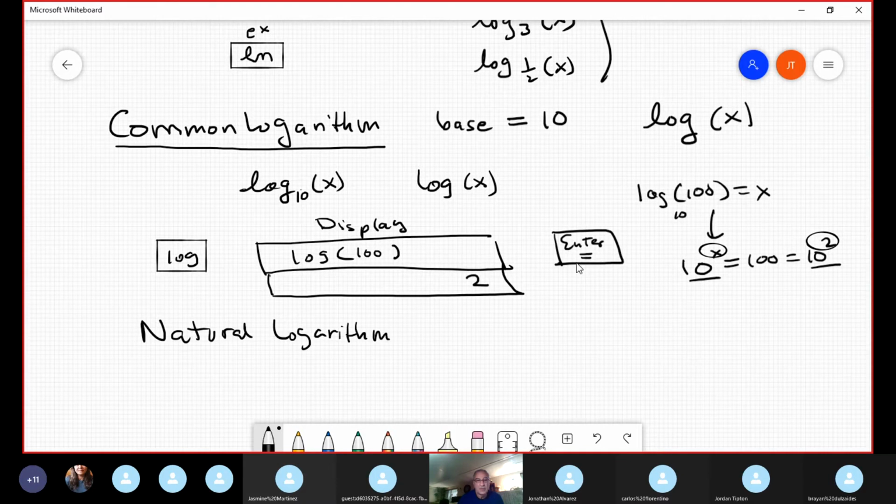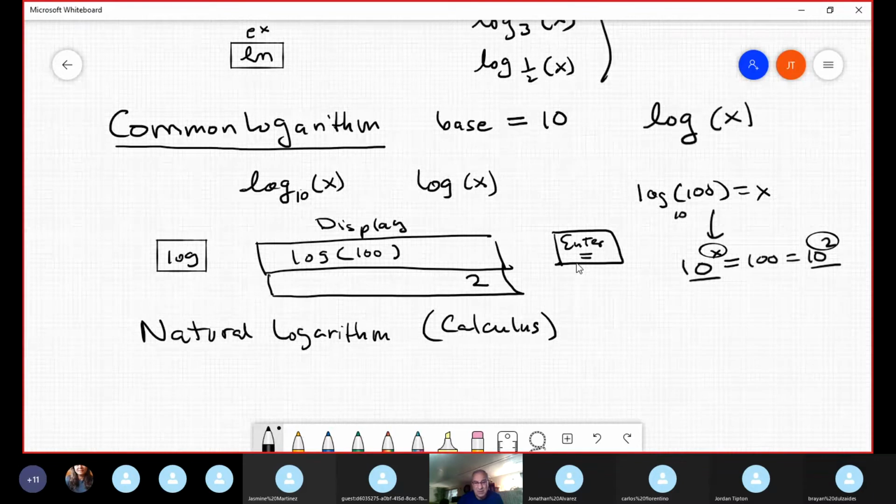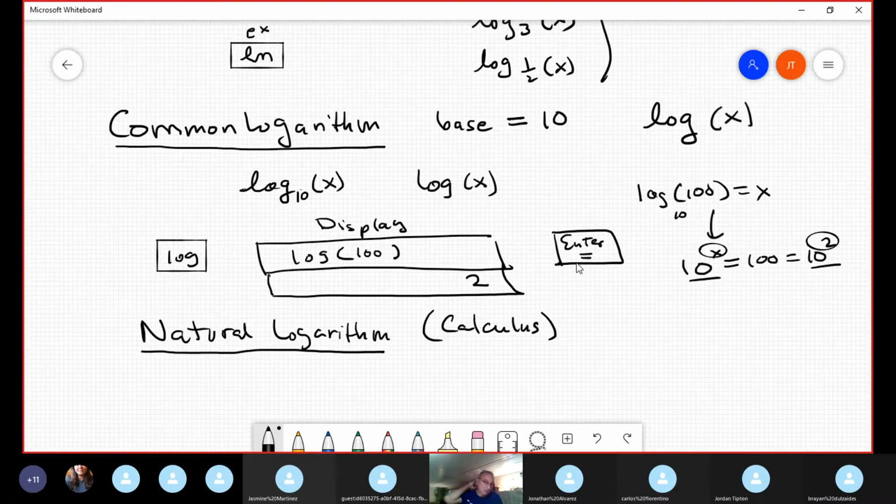Also we have it in our calculator. And this is used in calculus. It's hard to explain the advantage of the natural logarithm in calculus, because in calculus you apply other operations. When you apply them, the natural logarithm is easier than the common logarithm.